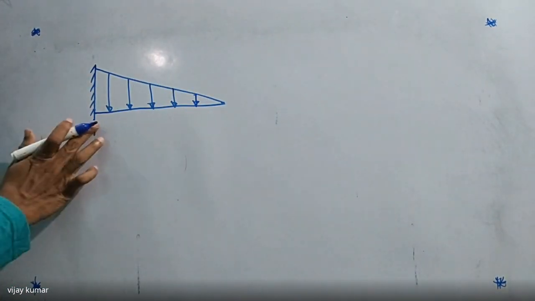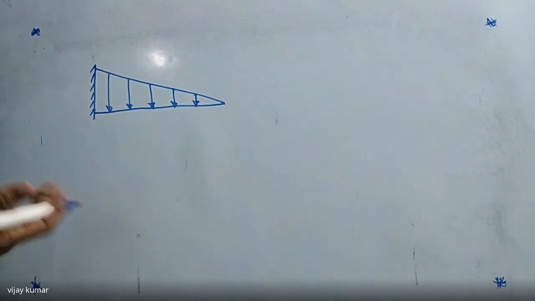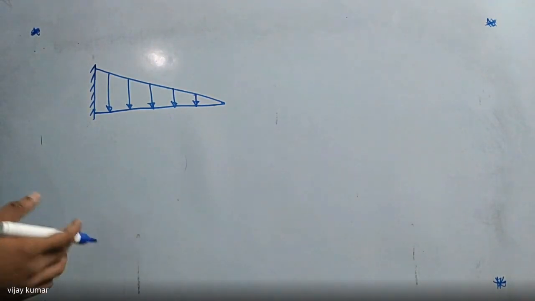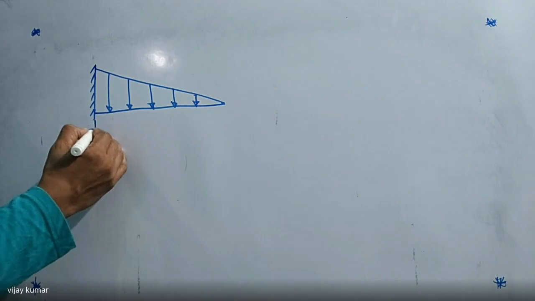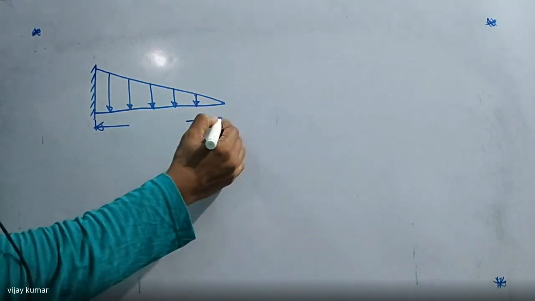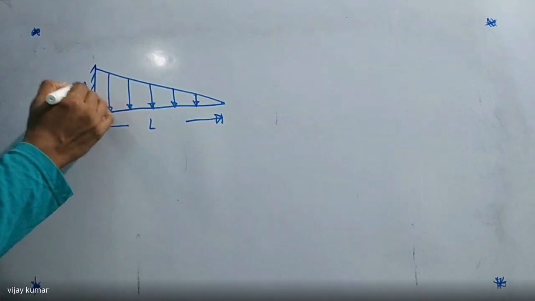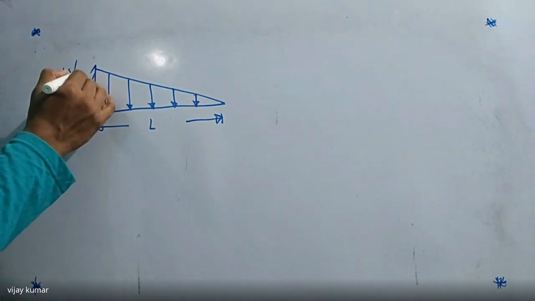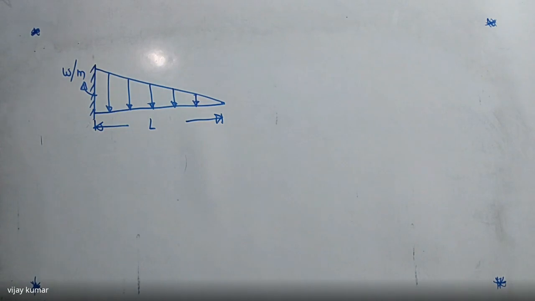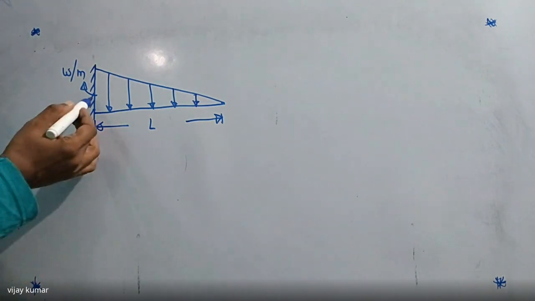For this case, I already told you the procedure for how to find the shear force and the bending moment. The length of this cantilever beam, I'm going to take as L. And this one is the maximum load, that is W per meter, the load at the fixed end.